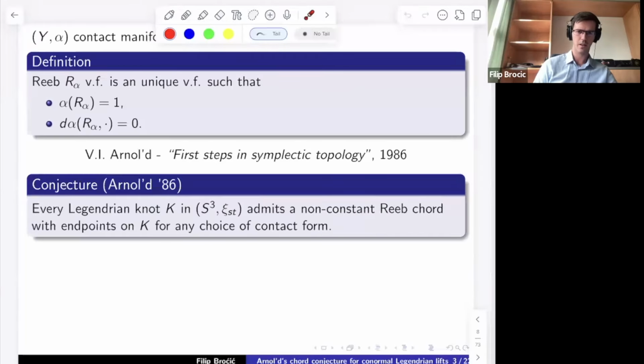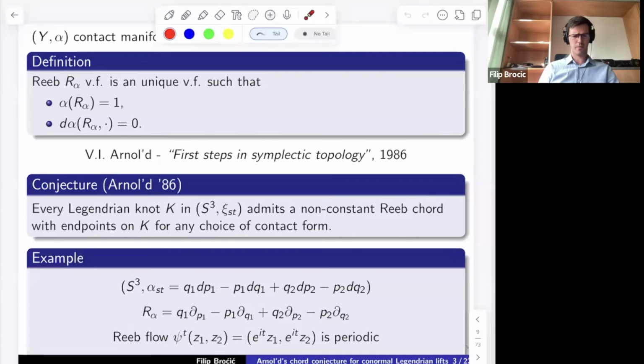And then in his visionary paper, First Steps in Symplectic Topology, Arnold posed the following conjecture, like almost all of his conjectures. Given a Legendrian knot in the standard contact sphere, there exists a non-constant Reeb chord with endpoints on the given Legendrian knot.